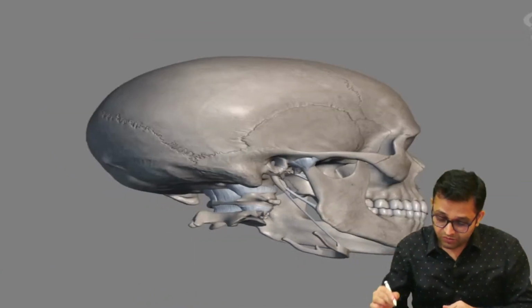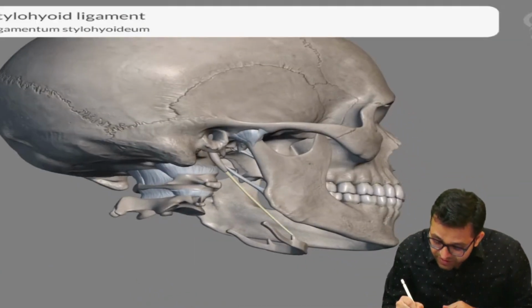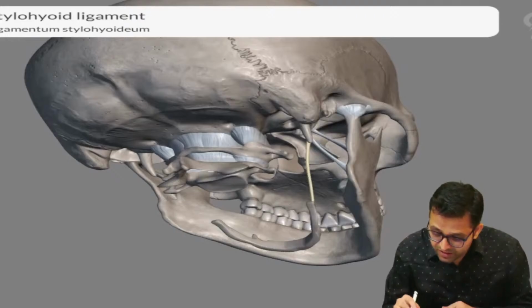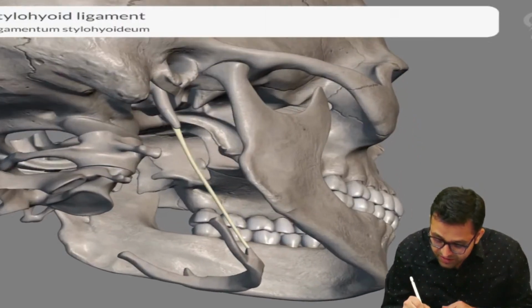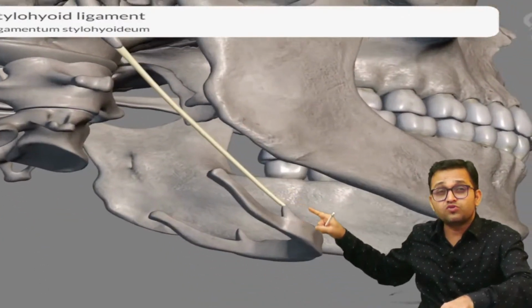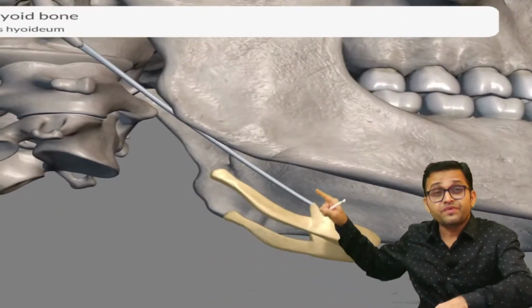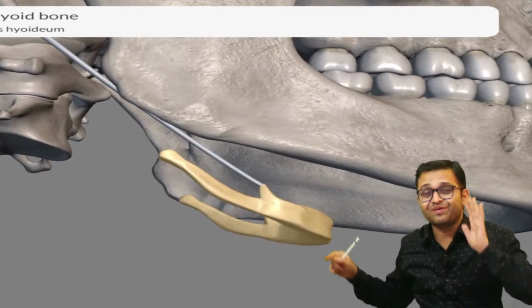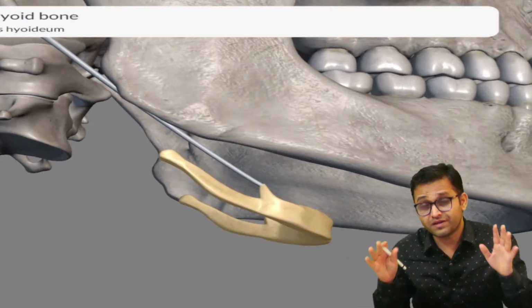Okay, sir. Now, can you observe this another ligament? Can you give what should be the name of this ligament? Sir, this is attached in between the styloid process and to the hyoid bone. So this is the stylohyoid ligament. Sir, this is the stylohyoid ligament.